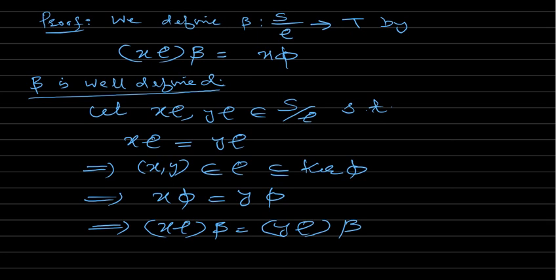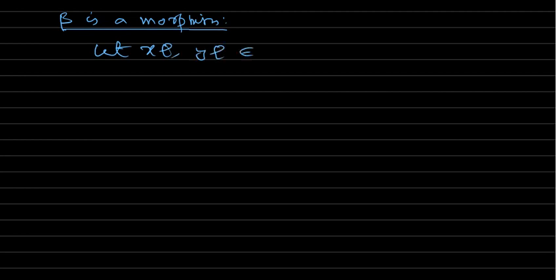Okay, this beta is well defined. Now we show this beta is also morphism. It's also simple. So for this we again choose two elements, x rho, y rho belongs to S over rho. Then what's this?